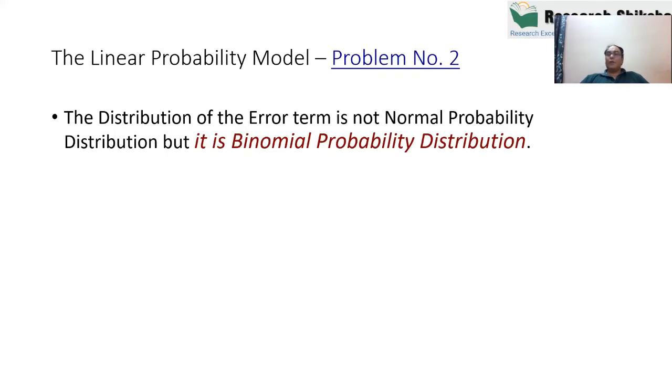So here we should change the distribution, and the actual distribution should be the binomial distribution, not the normal distribution. So there is an issue of the distribution, and this assumption is violated in the regression model when you are using a binary variable as a dependent variable.